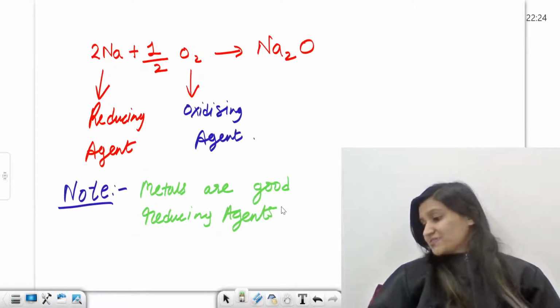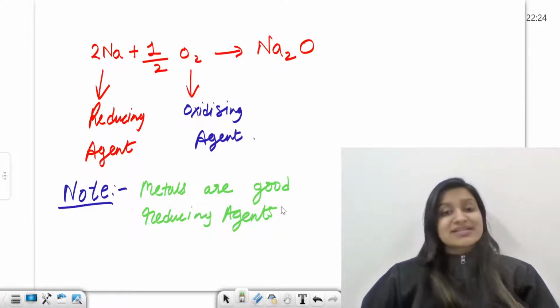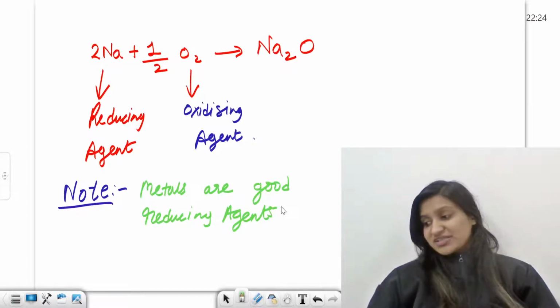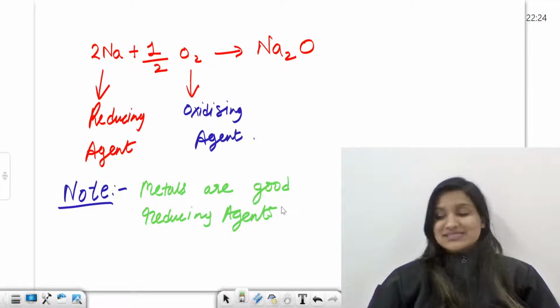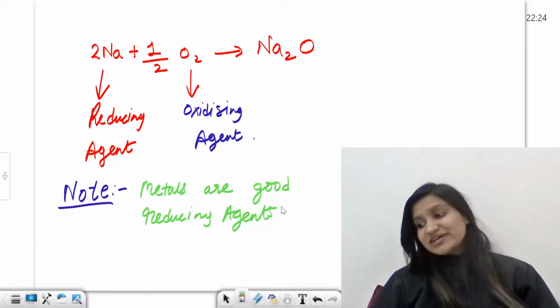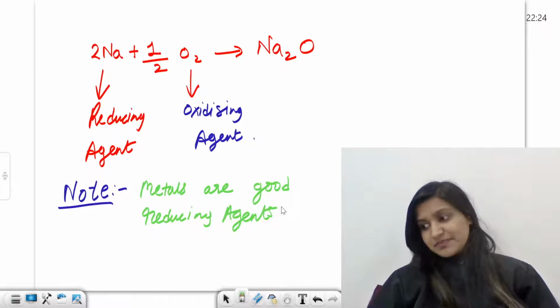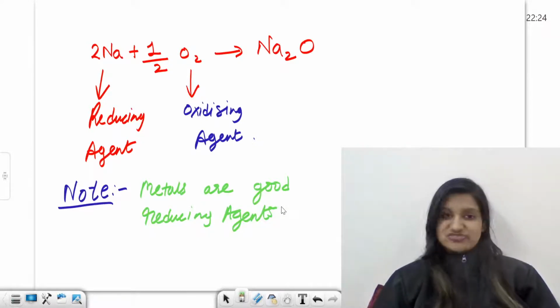Why? Because metals want to lose electrons. For example, sodium, these are alkali metals. So what do they want? They want to lose electrons. And even the alkaline earth metals are good reducing agents.